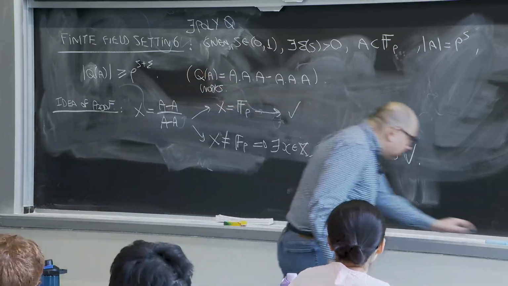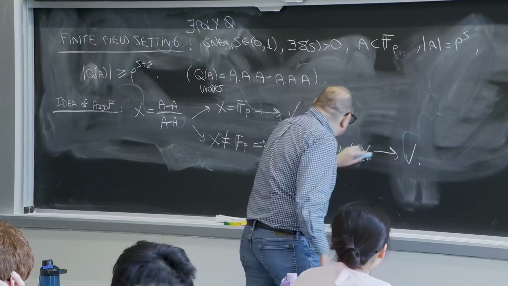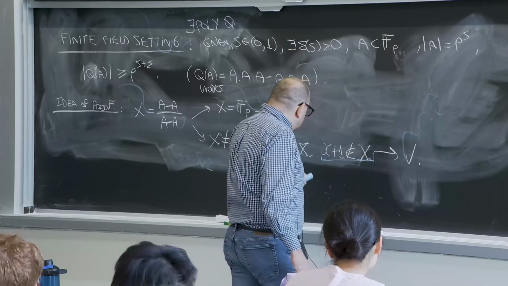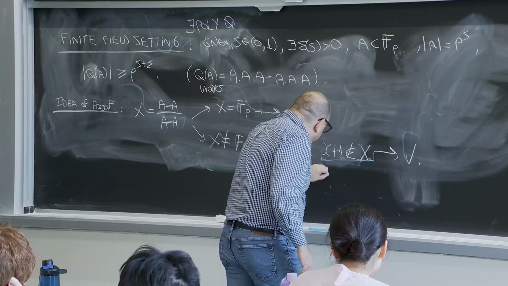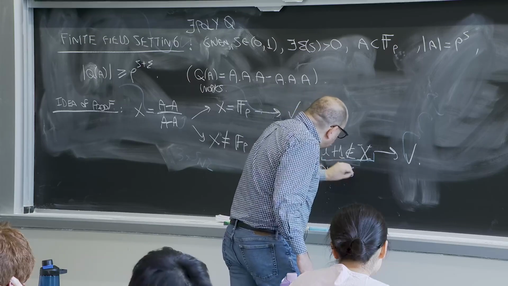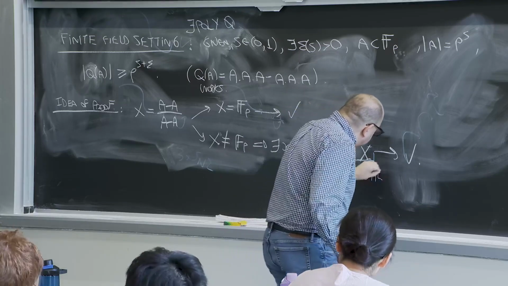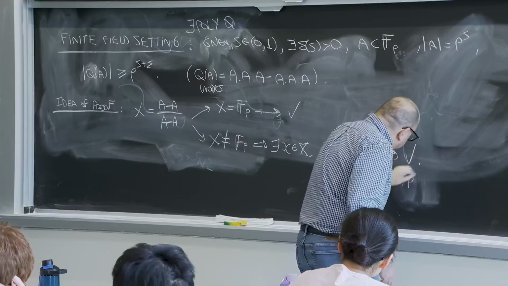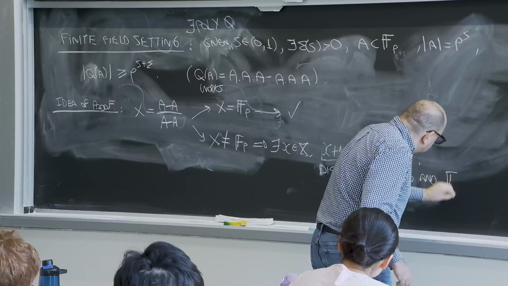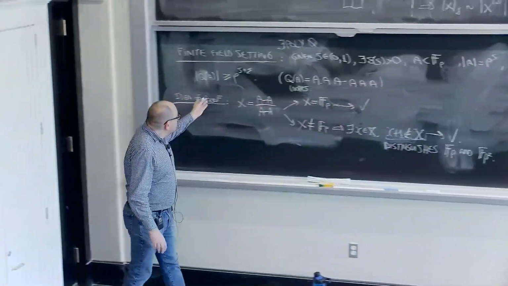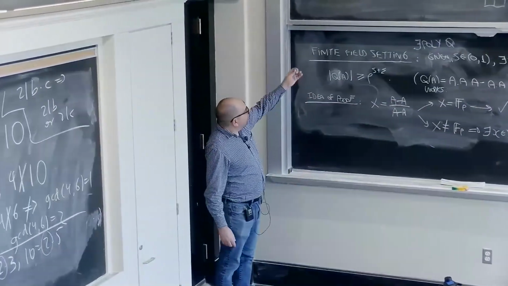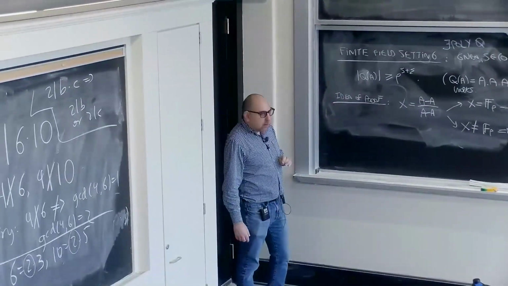So this extremely innocent adding plus 1 distinguishes Fp and Fp squared. So we want to do something similar.